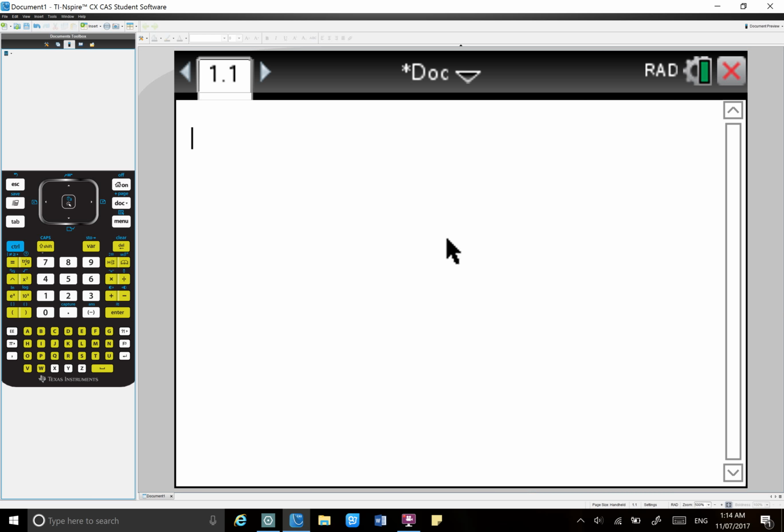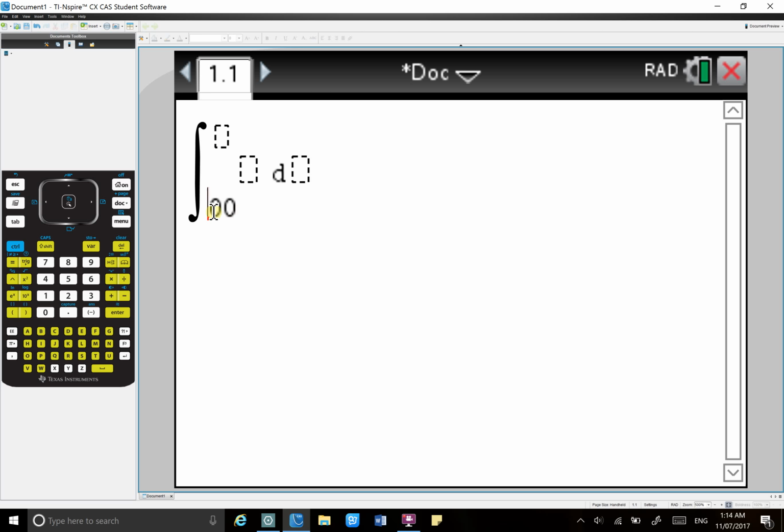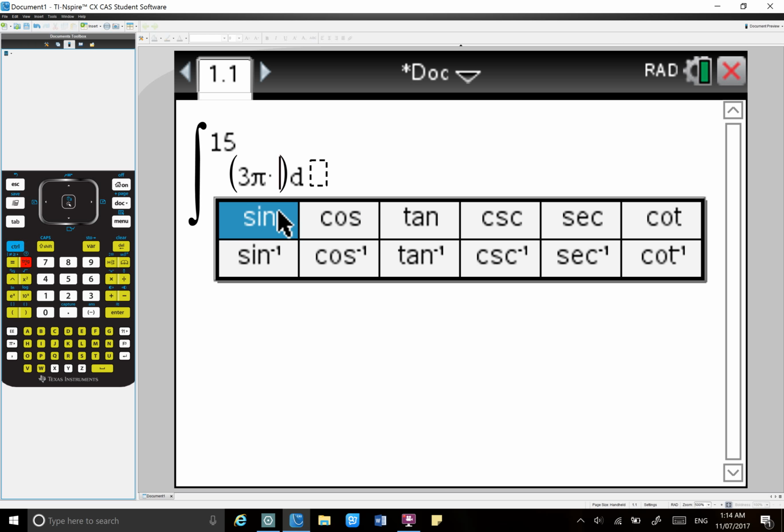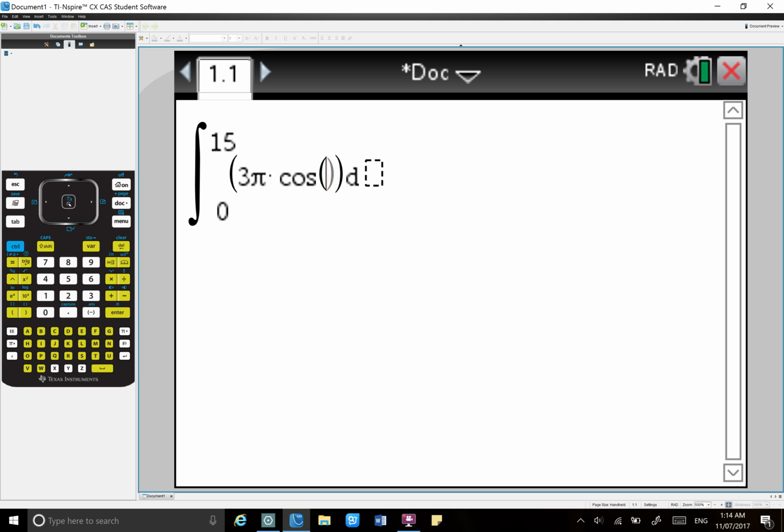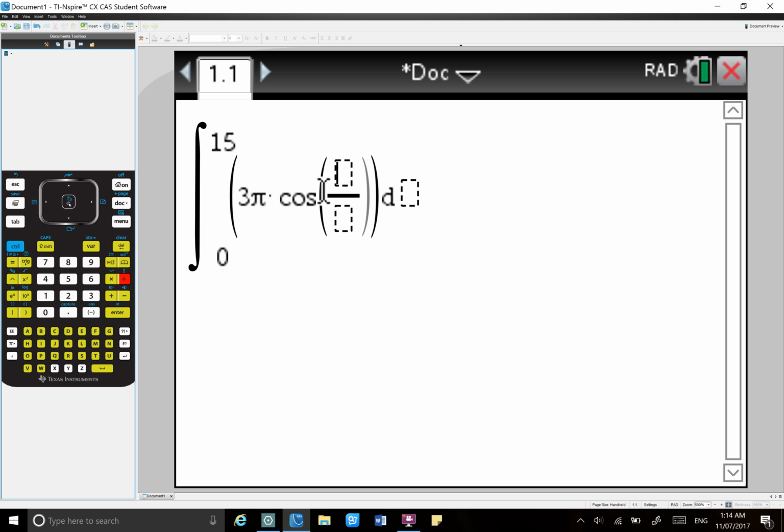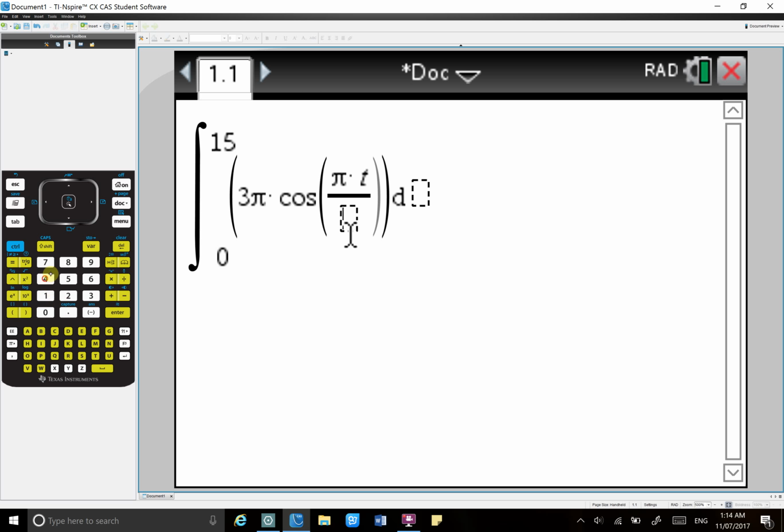Okay, shift plus 0 to 15. 3 pi times cosine, pi times t over 4, dt.